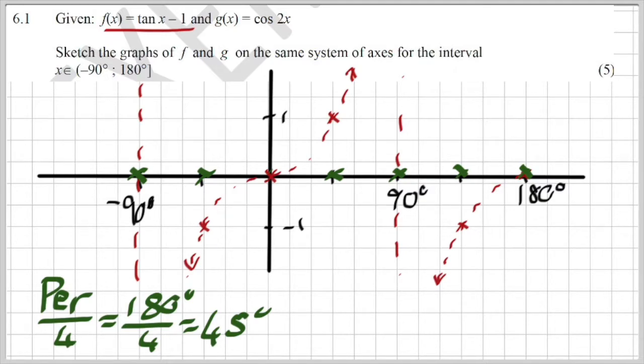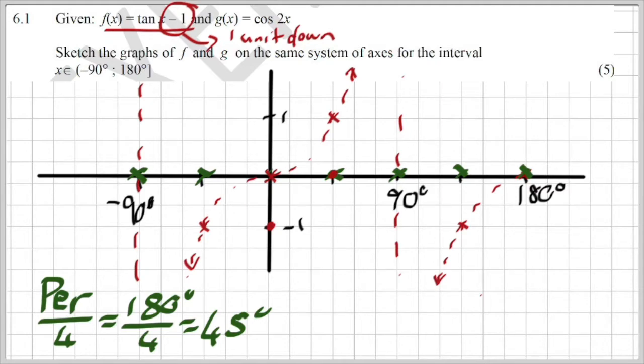Now I ask myself, what does that -1 at the back do? It takes my mother graph, my original graph, and shifts it 1 unit down. So I'm going to literally take every coordinate and move it 1 unit down. So the 0 becomes -1.